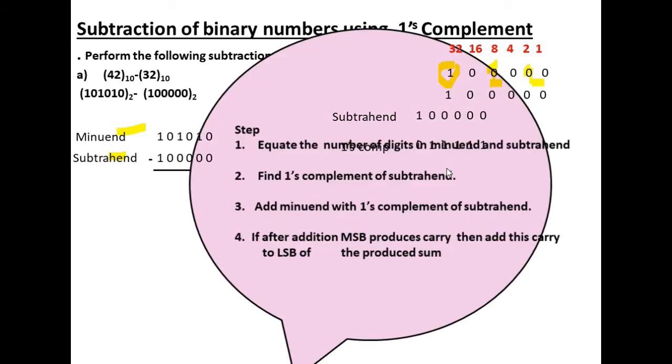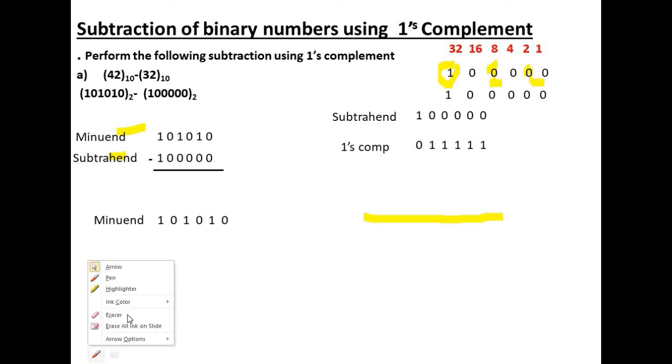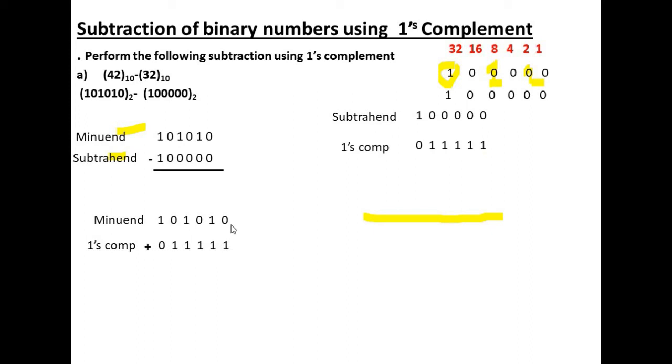So what will be the next step? Next step is that we have to add the minuend with this 1's complement of the subtrahend. So here minuend is written as 1 0 1 0 1 0 and we have found the 1's complement as 0 1 1 1 1 1. Now we have to add these two numbers. After addition, 0 plus 1 is going to produce 1. 1 plus 1, when these two bits are added, we get 0 with carry 1.